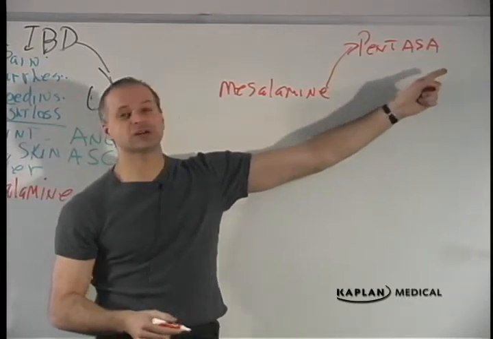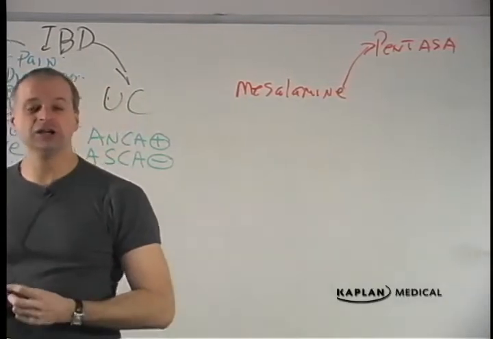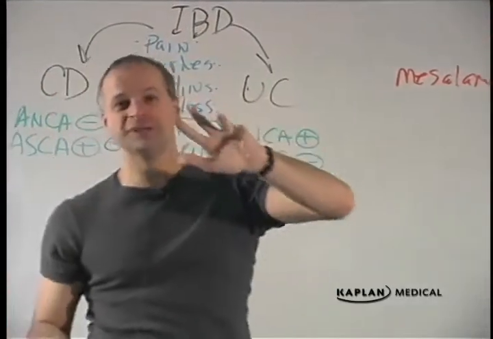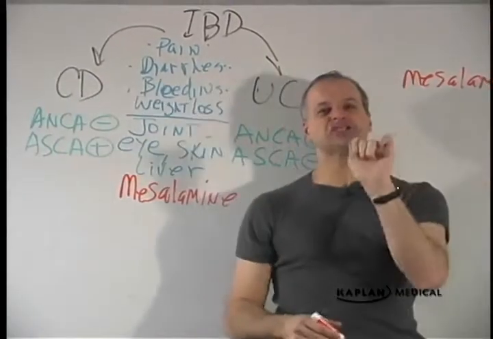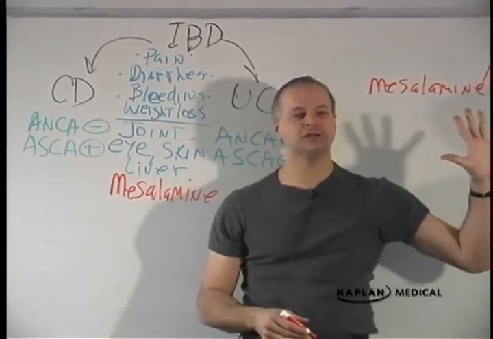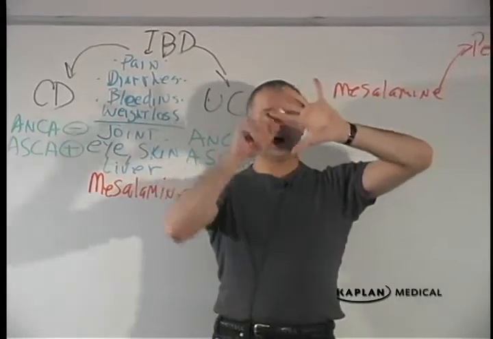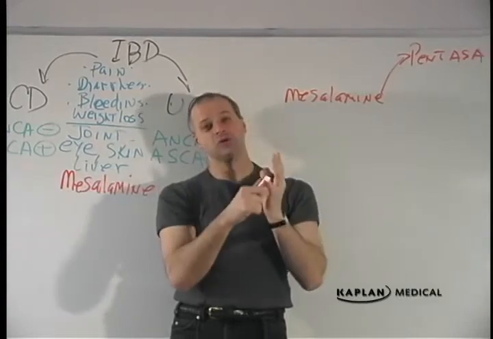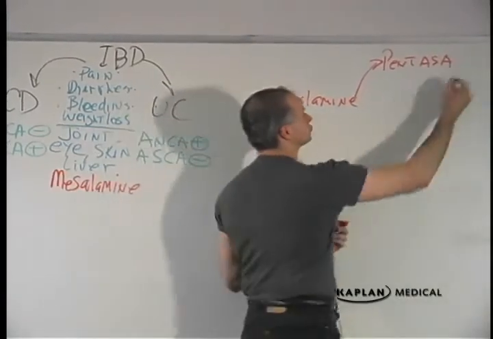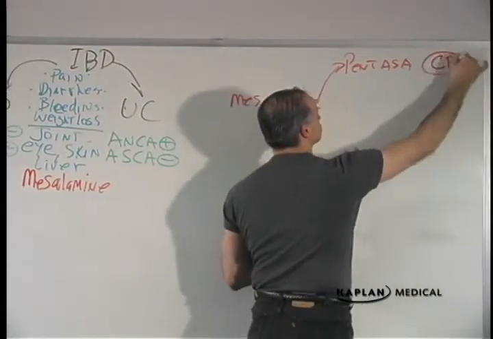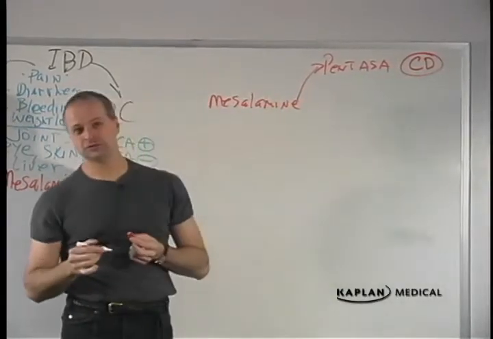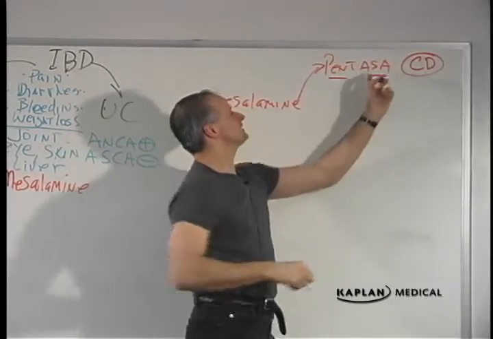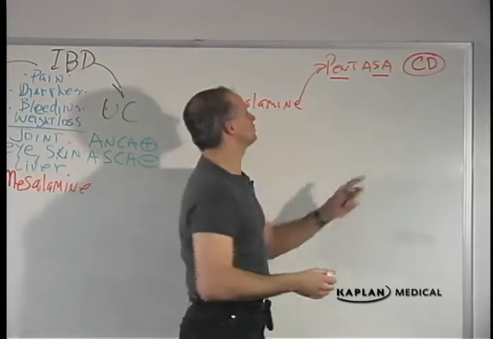Or you could say it works for all 5 parts of the bowel: stomach, duodenum, ileum, jejunum, and colon. Upper and lower. That must mean this works for Crohn's disease because it works up and down the whole bowel.